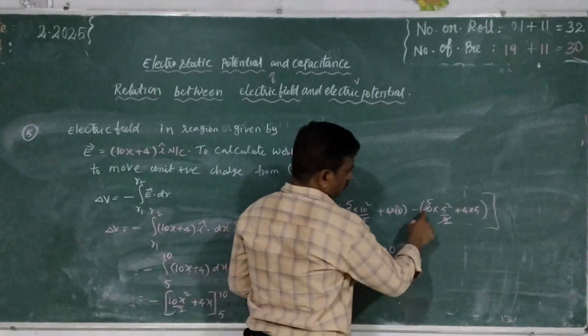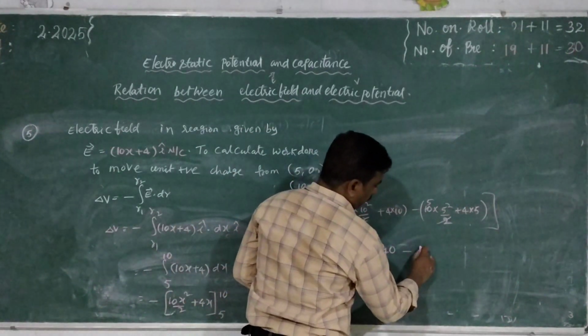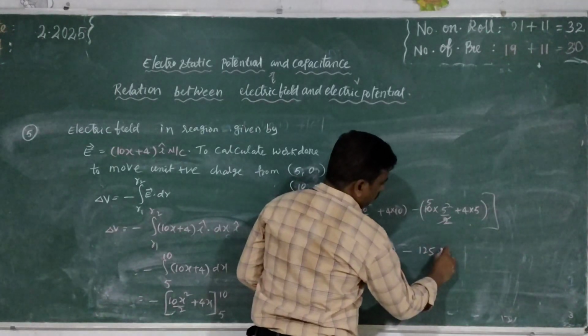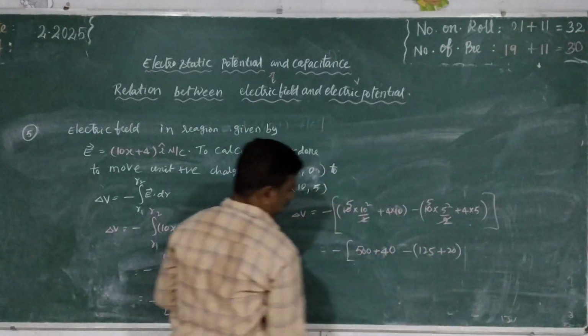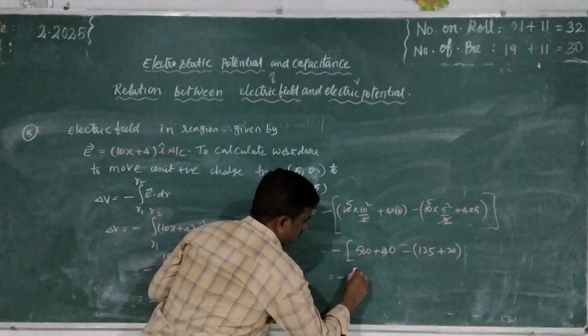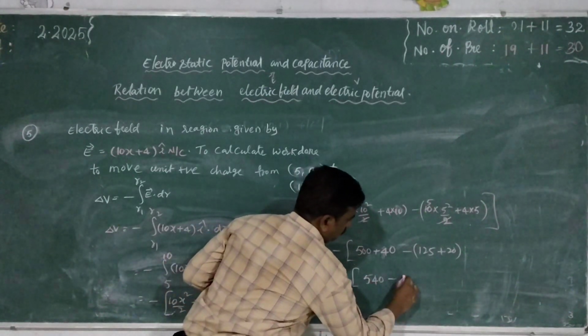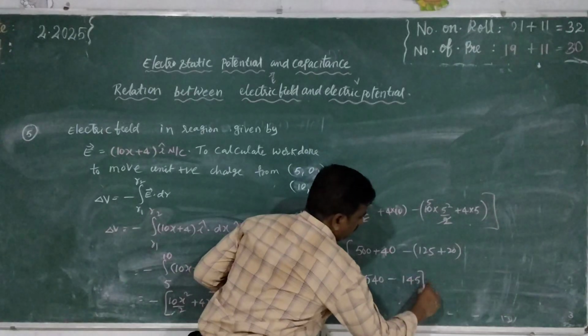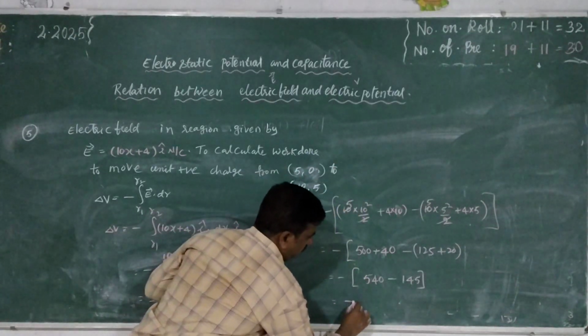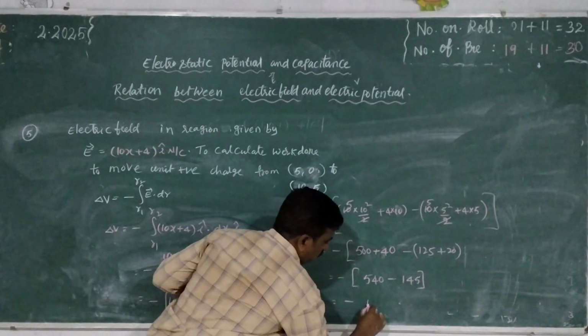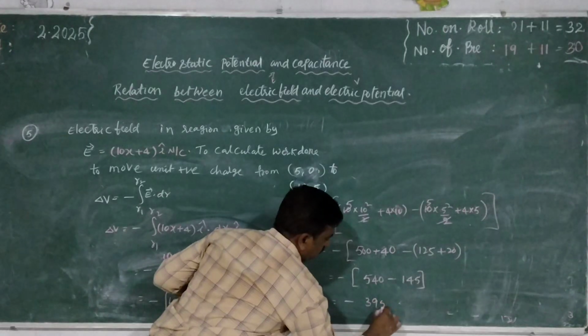Minus 5 square is 25 into 5 is 125, plus 20, which is 145. So we get 540 minus 145, which is 395.